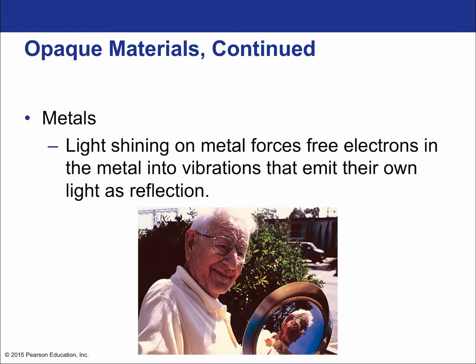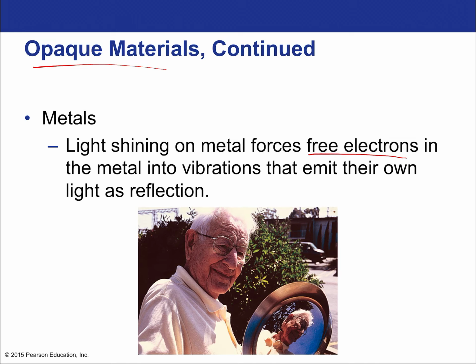Metals are interesting. They're an interesting case of an opaque material because they're shiny, right? And the light shining on metals forces those free electrons, because we've talked about how metals have lots of free electrons. That was our premise of understanding the flow of charge called current in a circuit. Where you said, oh, well, metals, they have lots of free electrons, so all those electrons can move freely, all right? Unlike insulators, where the electrons cannot move freely.